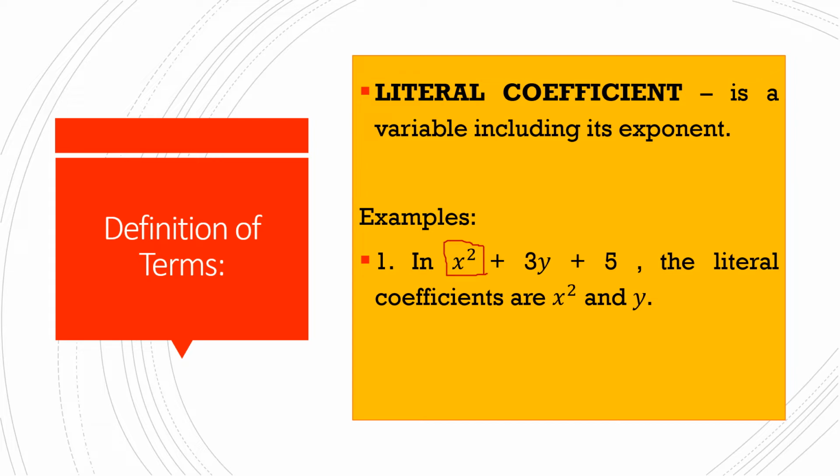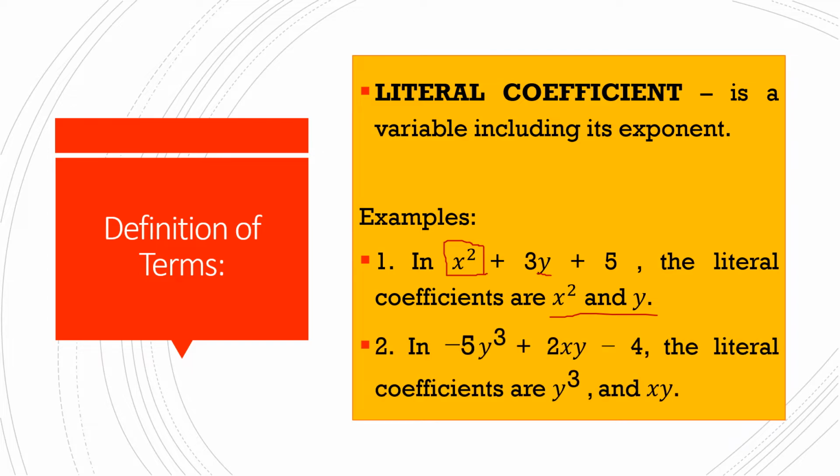The literal coefficient of this term is y, while this last term has no literal coefficient. So our literal coefficients are only x squared and y. For example, number 2, we have the expression negative 5y cubed plus 2xy minus 4. The literal coefficient of this term is y cubed. For this term, its literal coefficient is xy, and the last term has no literal coefficient.